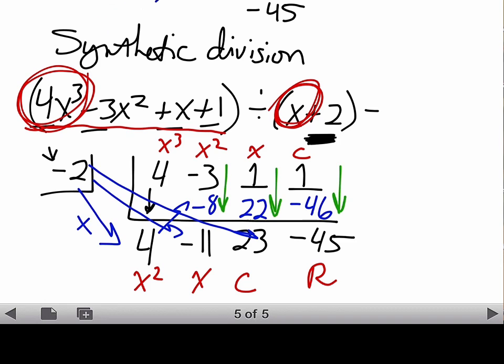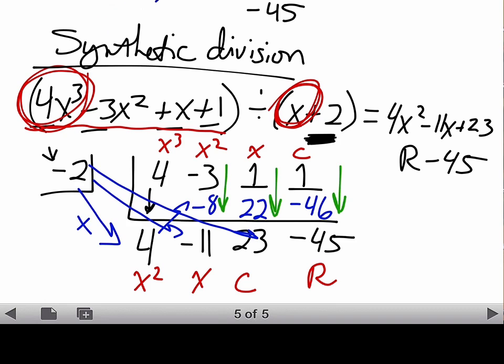So this is a way of expressing that. The result of this division is 4x squared minus 11x plus 23, and there's a remainder of negative 45. So again, synthetic division is a shorthand way to do a division as long as the divisor is a linear binomial of the form x minus c.